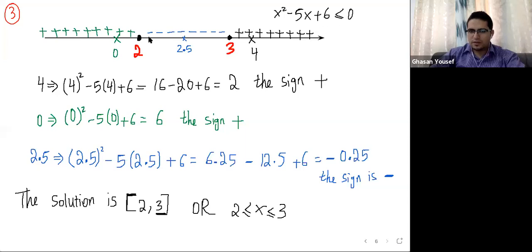When you see equal, we have to include also the zero points of this equation, x squared minus 5x plus 6. If we don't have equal, this would be open parentheses, not closed. Make sense? Any other question?